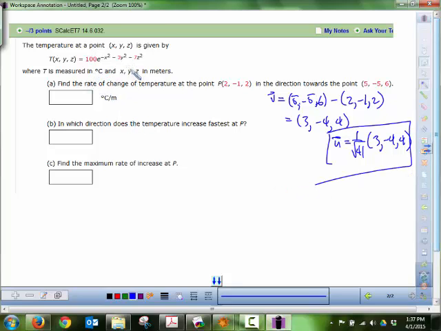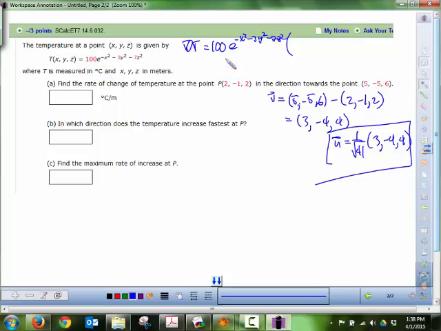I want my gradient. And so 100 is a constant, and then e to this thing, the derivative of that is e to that thing times the derivative of the inside. With respect to x first, I'll have negative 2x popping out. Actually, all these will have 100 e to the negative x squared minus 3y squared minus 7z squared.